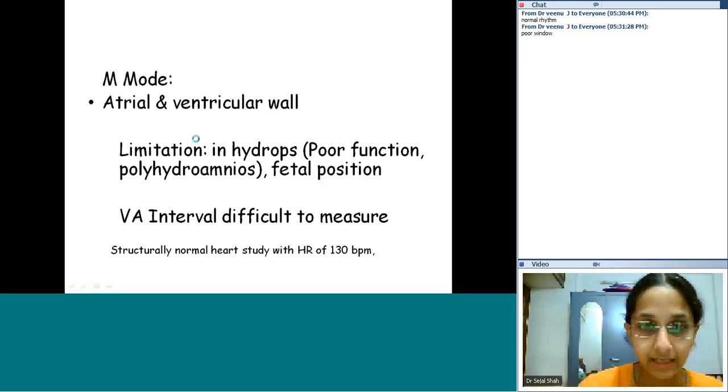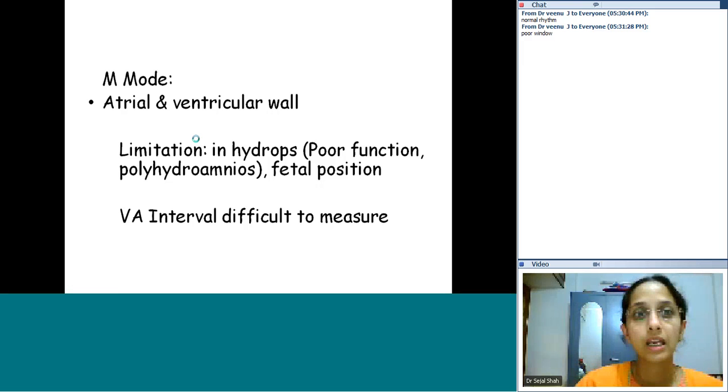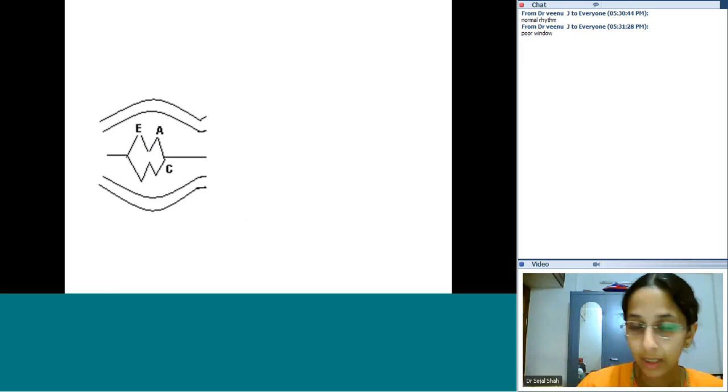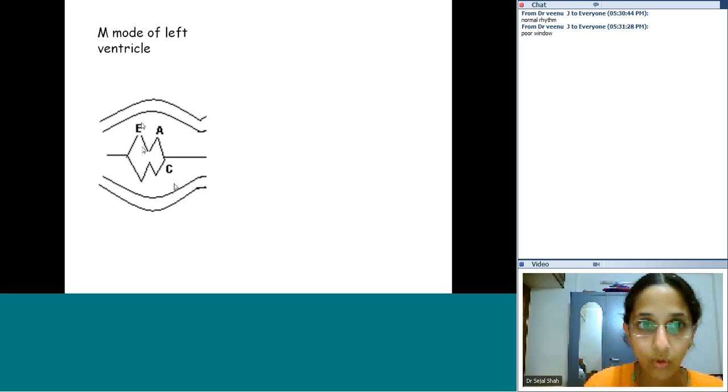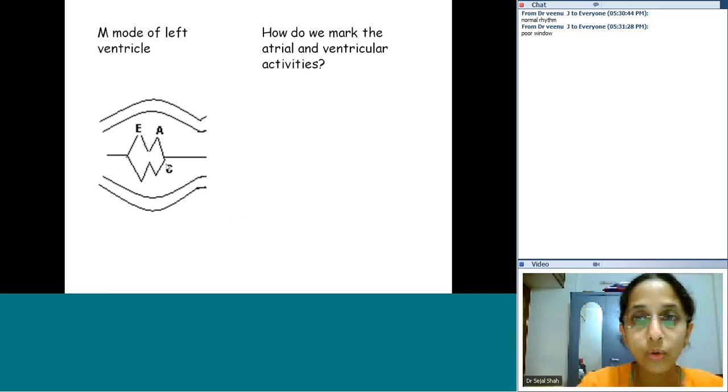You can also do an M mode of the left ventricle, where you can have mitral valve movement seen, and as you can all see here, this is the D point, E, F, A, B and C. Now if you can get this cut of M mode of the left ventricle, how do we mark the atrial and the ventricular activities on the M mode?